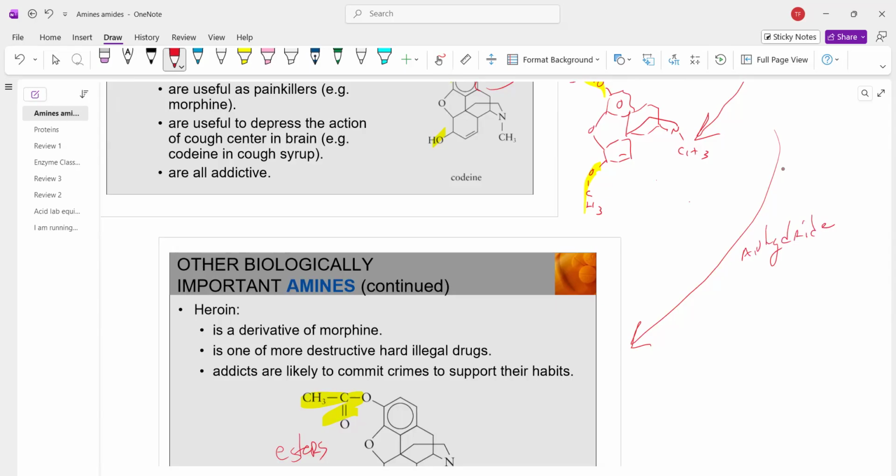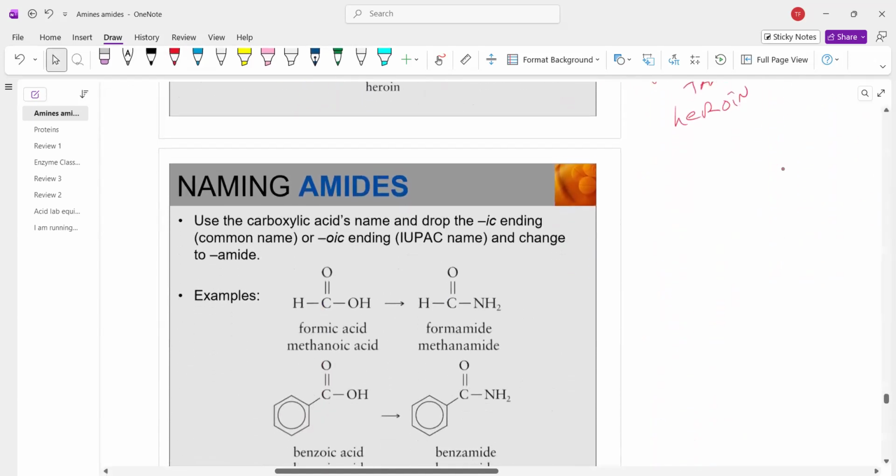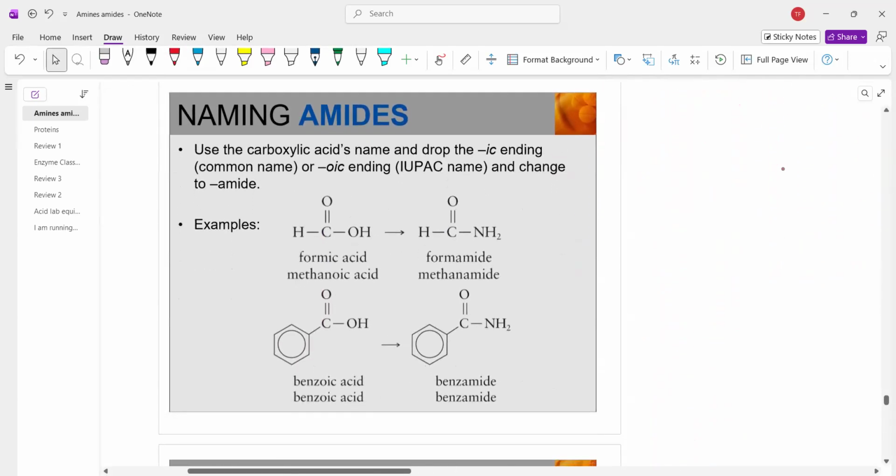That would be diethyl anhydride. Okay, naming.